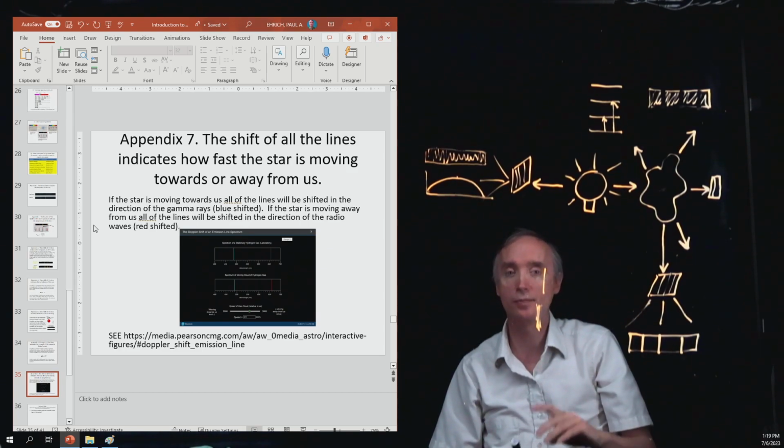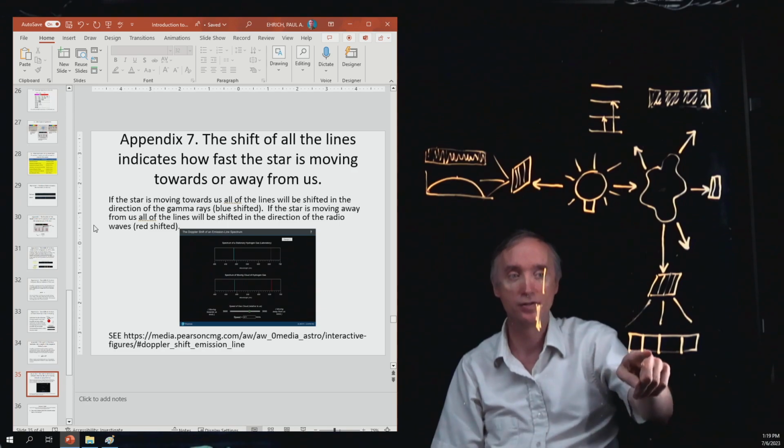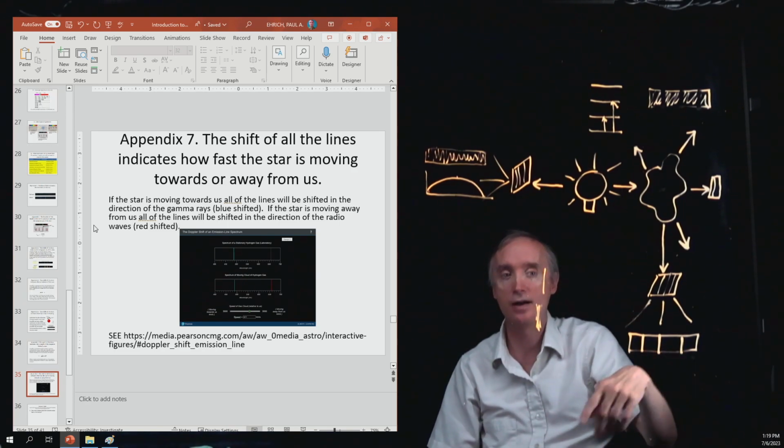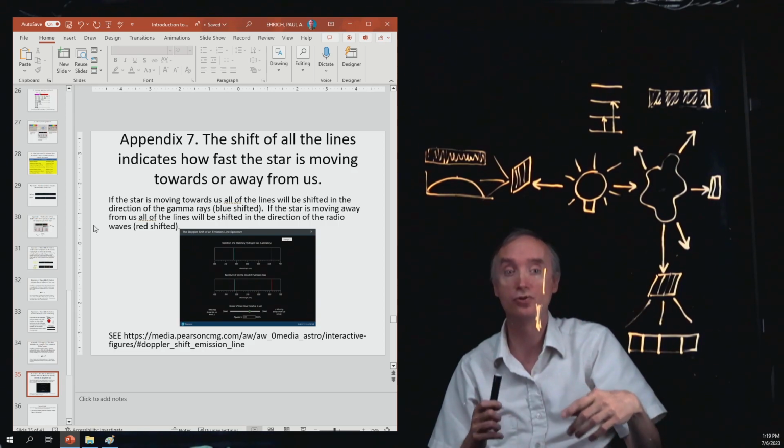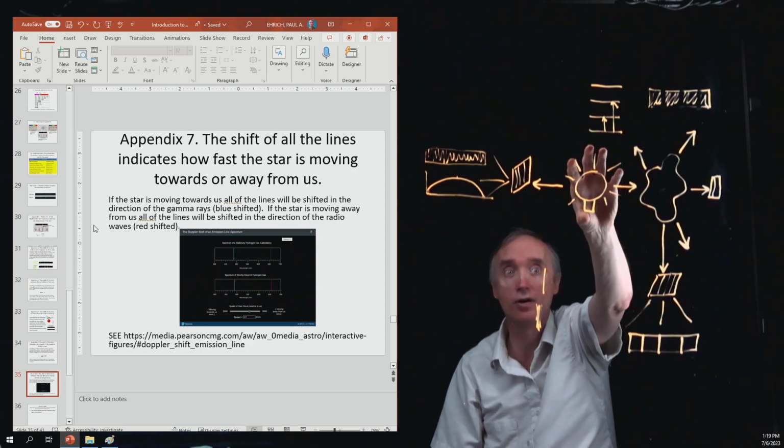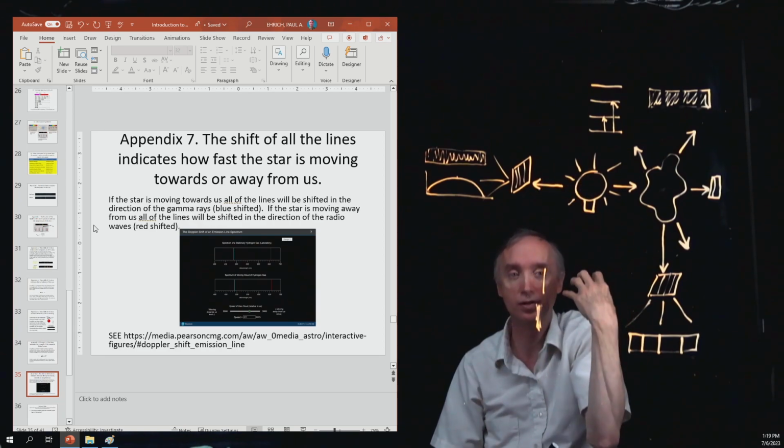So we said that if something is moving towards you, it's going to be blue shifted. If something is moving away from you, it's going to be red shifted. So what does that mean? So let's say that this is the original spectrum, and now let's say that it is moving towards you. This star is moving towards the Earth.